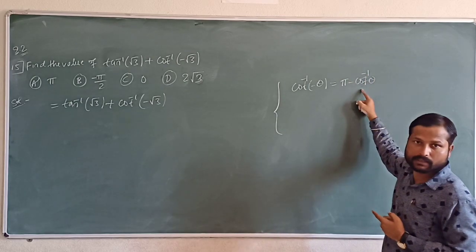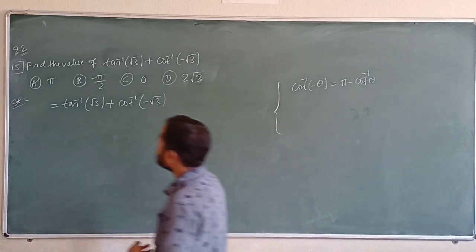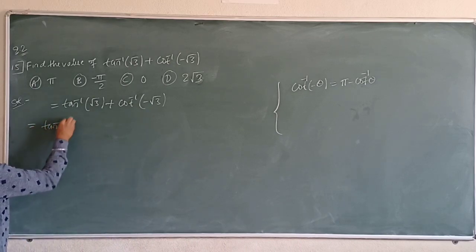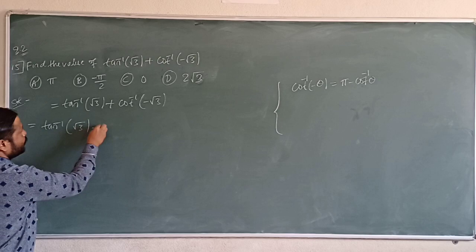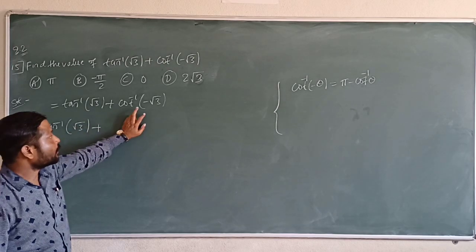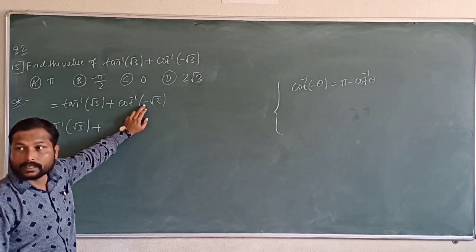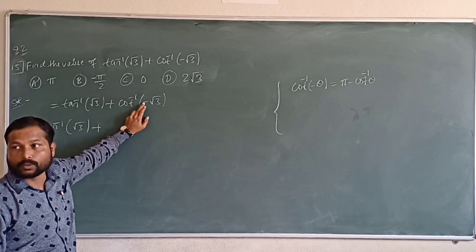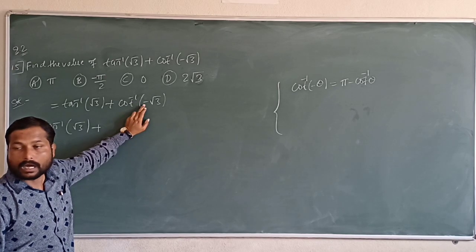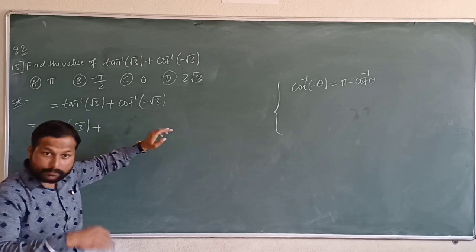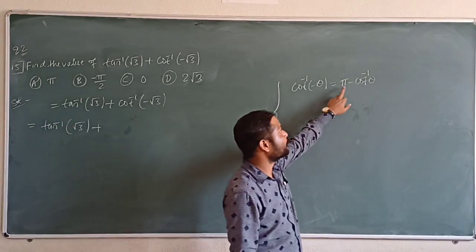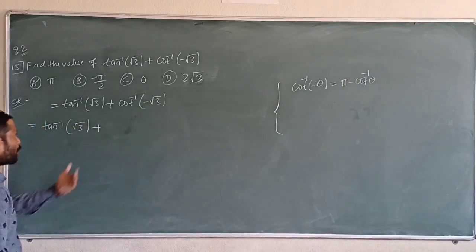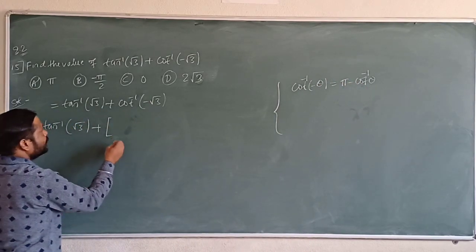In the solution, tan inverse of root 3 stays as it is, and the cot inverse is of a negative value, so we take pi minus that value.